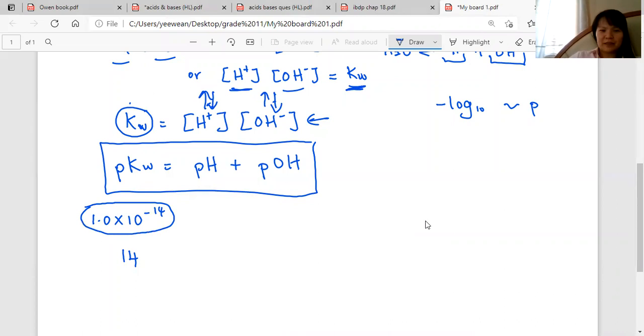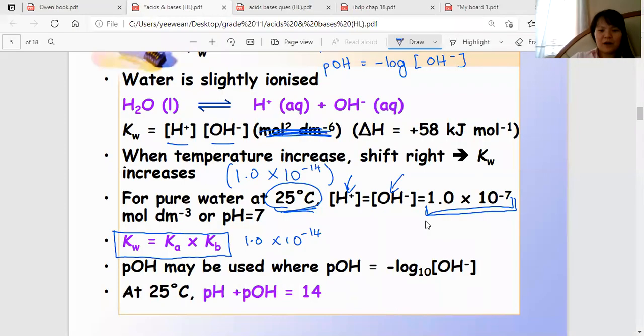So 14 is equal to pH plus pOH. If you have the pH, you can calculate pOH, or if you have pOH, you can calculate pH. Just take 14 minus that figure. Therefore, at 25 degrees Celsius, pH plus pOH equals 14.